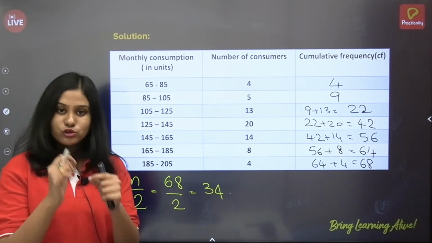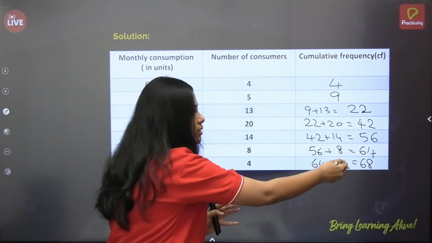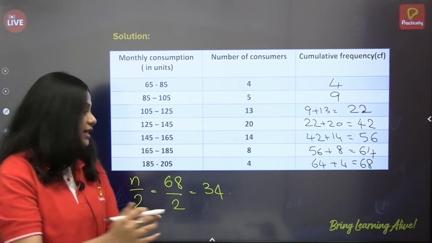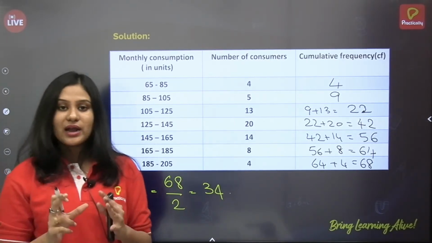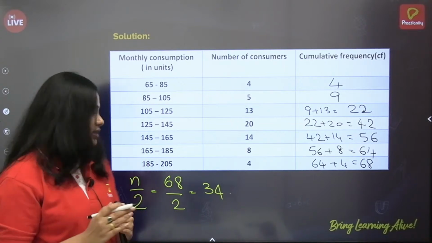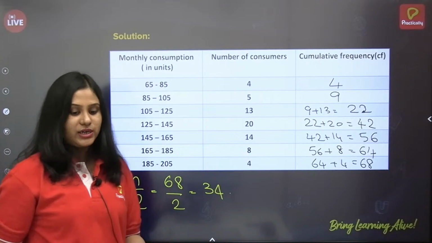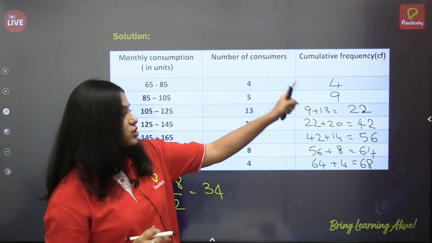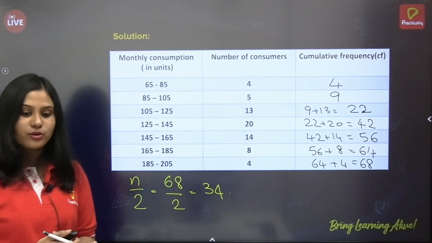We have to check the cumulative frequency which is greater than 34 and nearer to 34. So come on, tell me which cumulative frequency is greater than 34 and nearer to 34.